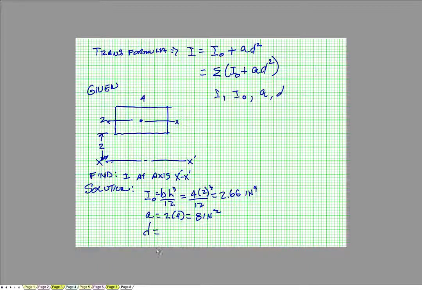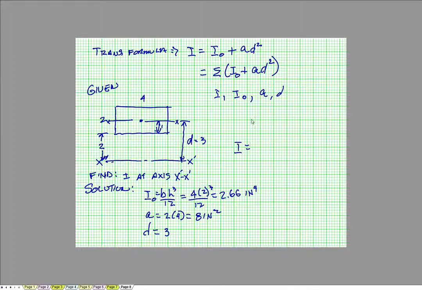And the distance, again, we're coming from here down to here. So I have the 2 inches there plus a 1 inch there. So my distance equals 3 inches. Now I can put that into the formula up here.